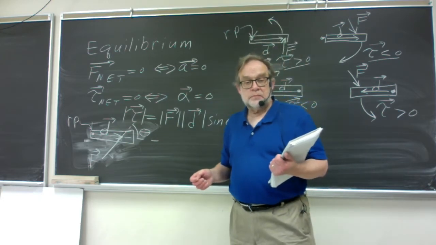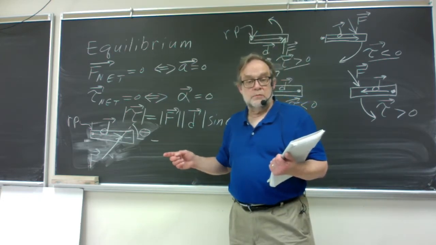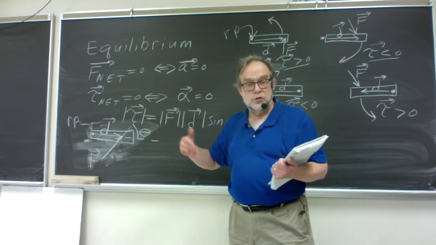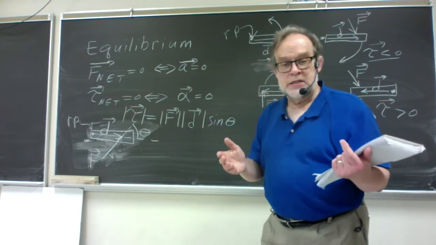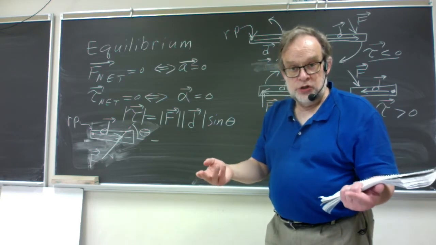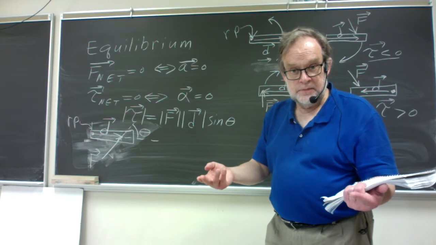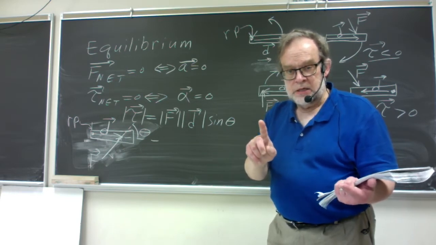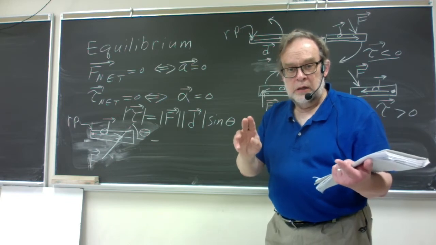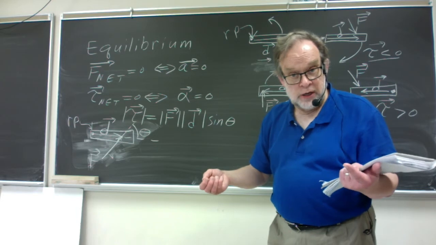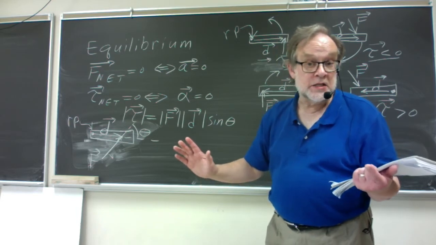And so how do we define positive or negative among torques? Well, it depends on how that torque changes the rotational state. And the important thing to remember here is that we call clockwise rotations negative and counterclockwise rotations positive.